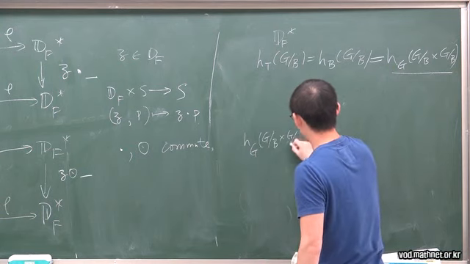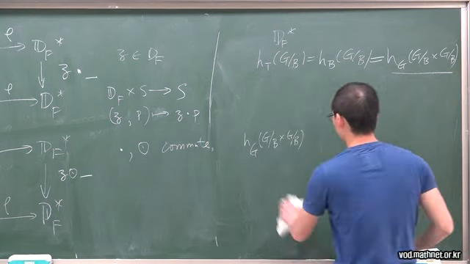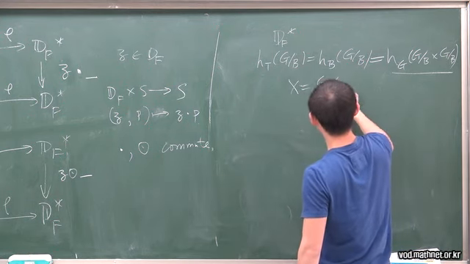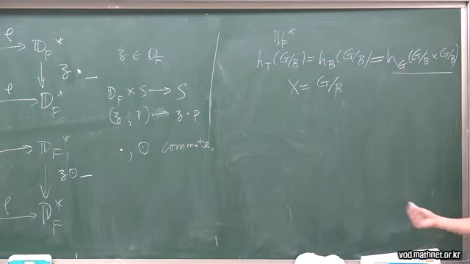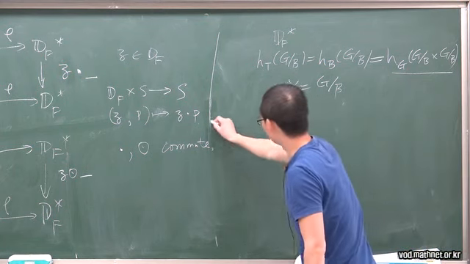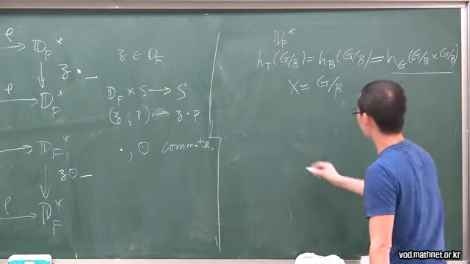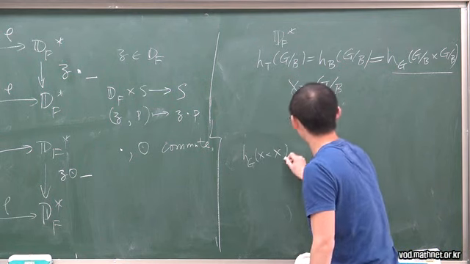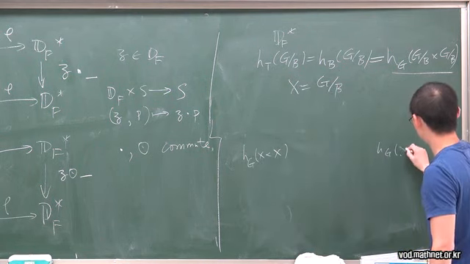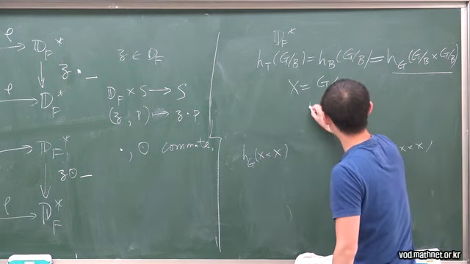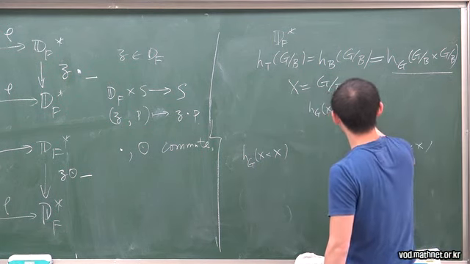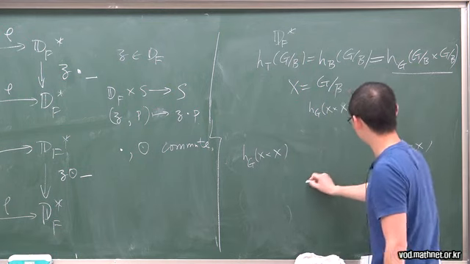In geometric representation theory, they call it convolution. And people in algebraic groups call it correspondence. So you have hg of x plus x, hg of x plus x, hg of x plus x plus x, three copies.